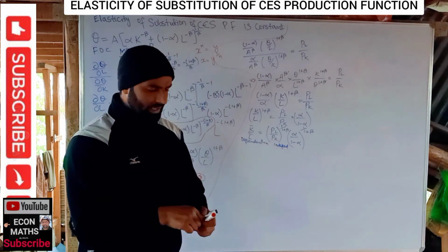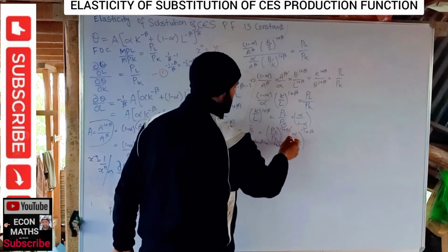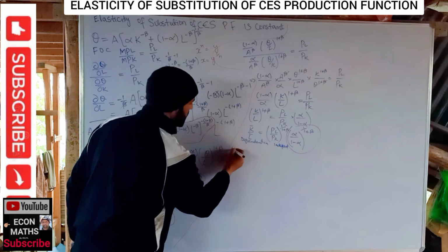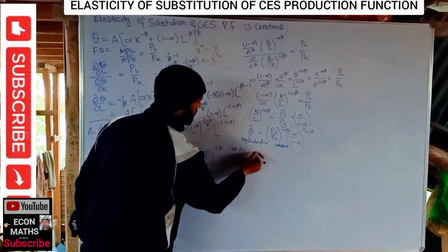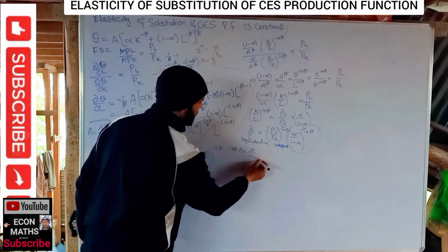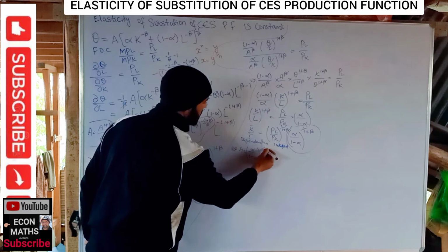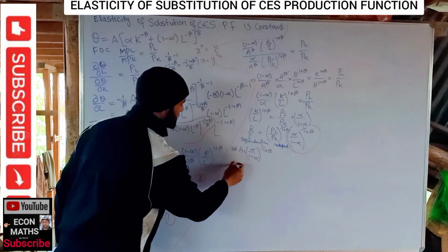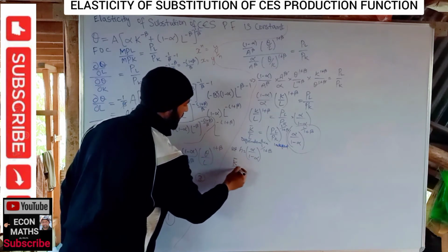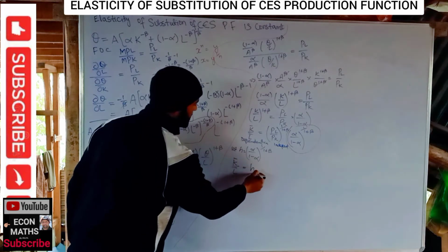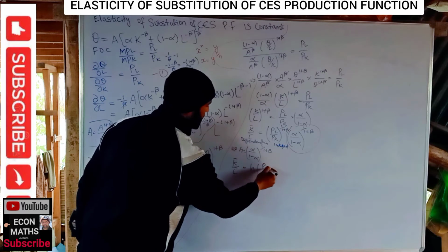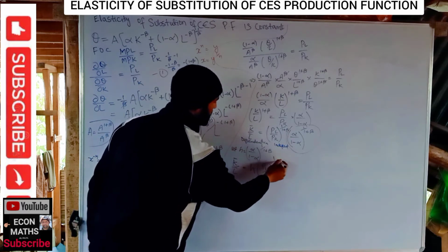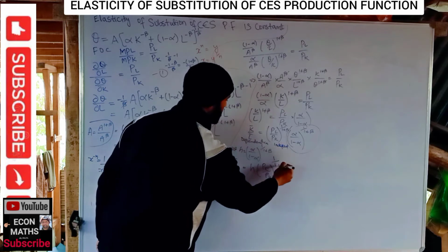Now let us say this expression is equal to h. Let h is equal to alpha divided by 1 minus alpha to the whole power 1 divided by 1 plus beta. Then our expression will become K divided by L is equal to h times PL divided by PK to the power 1 divided by 1 plus beta.